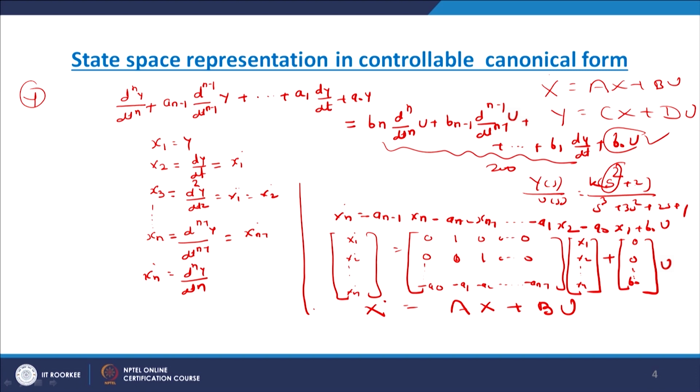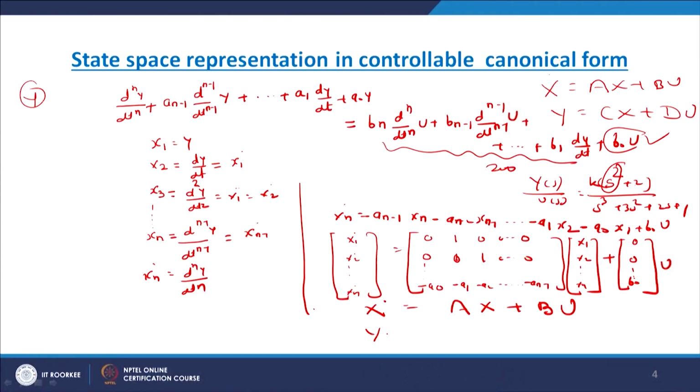Now, we have to write the output equation. The output is y equals cx plus du. In order to write this, what is y? y equals x1, so we write 1 0 0 0, times x1 to xn, plus 0 into u.